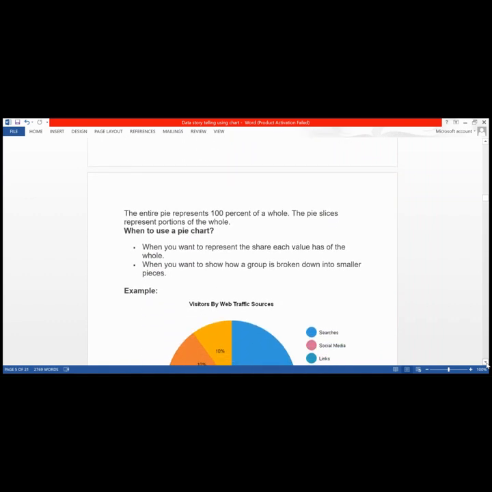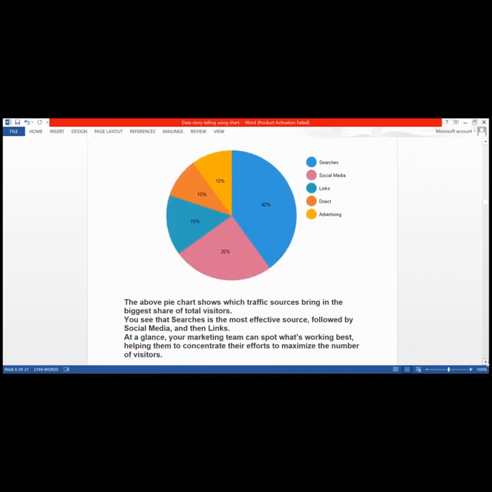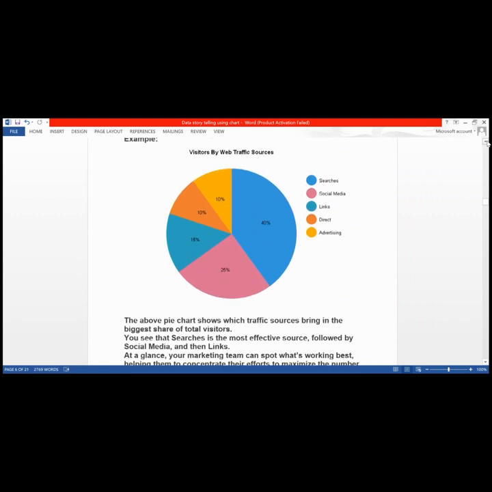When to use a pie chart: when you want to represent the share each value is of the whole, and when you want to show how a group is broken down into smaller pieces. This is an example here, where you want to know visitors by web traffic sources. You can see 40% of visitors.